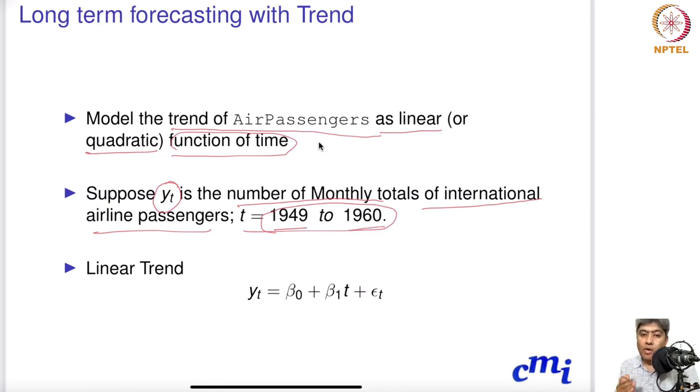Every month, how many international airline passengers traveled is being reported. If we think there is a linear trend, we will just fit Y_t = beta_0 + beta_1 t + epsilon_t.